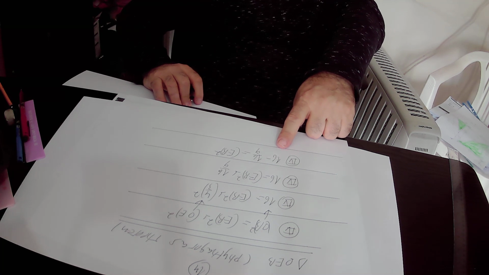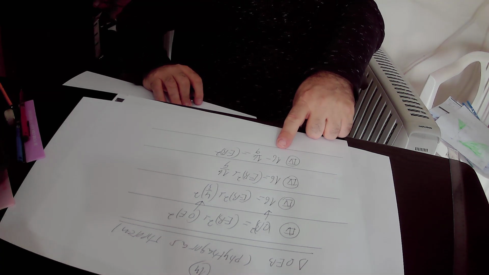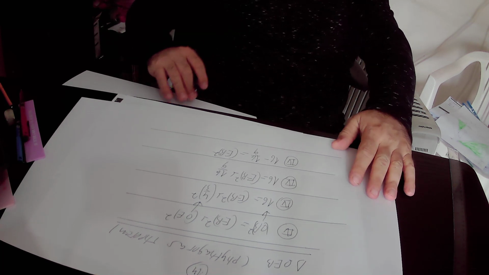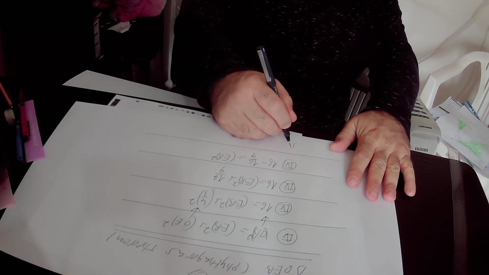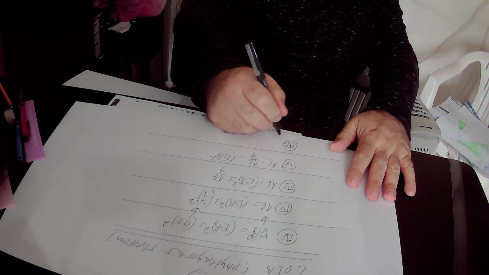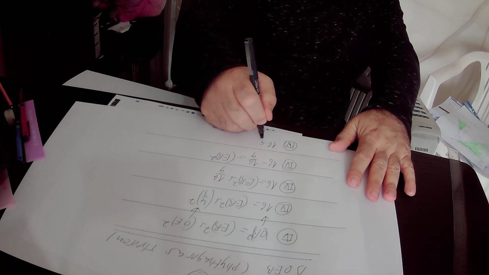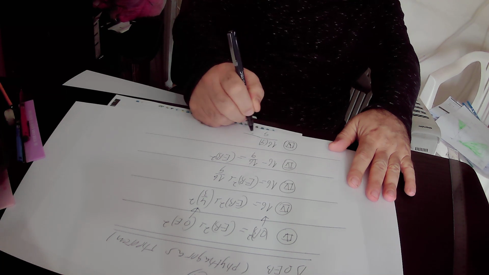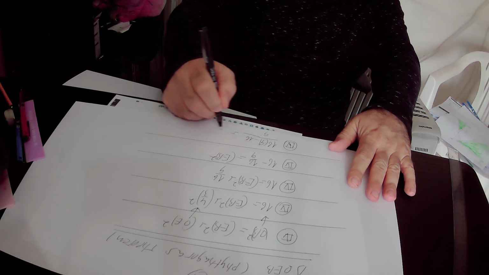Here we will multiply 16 by 9 and then divide it by 9 in order to have a common factor with 16 over 9, and we will get that 16 times 9 over 9 minus 16 over 9 equals EB square.